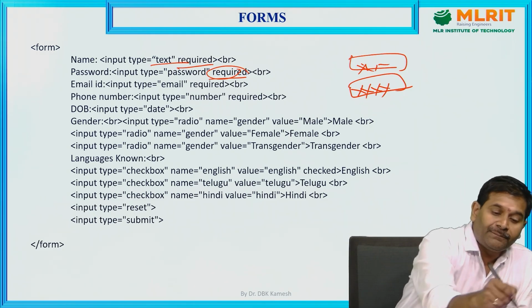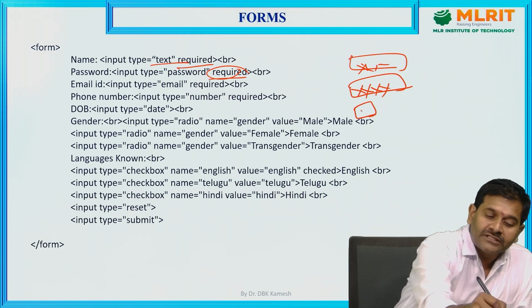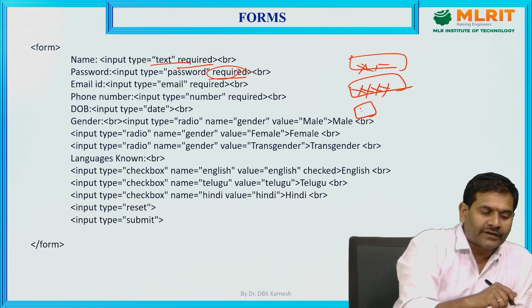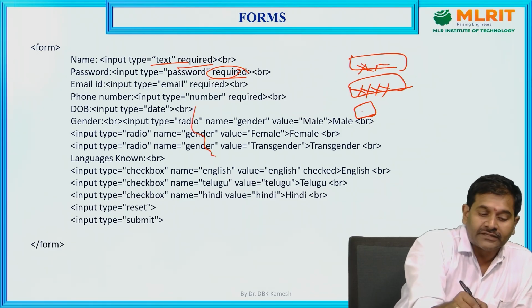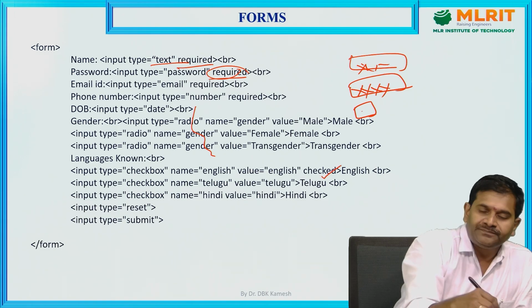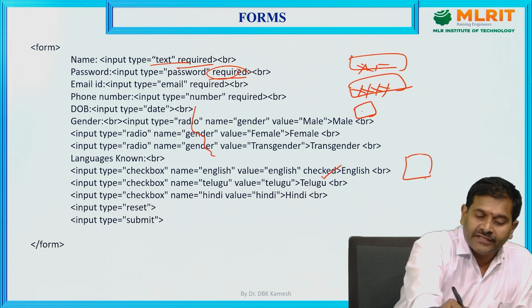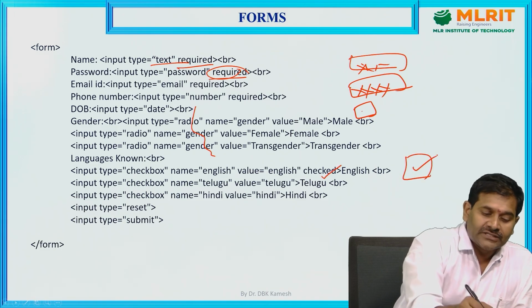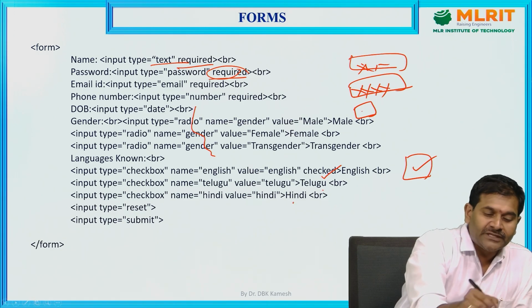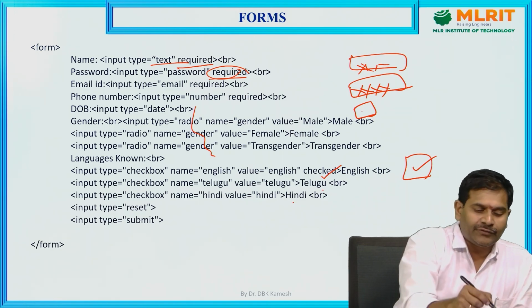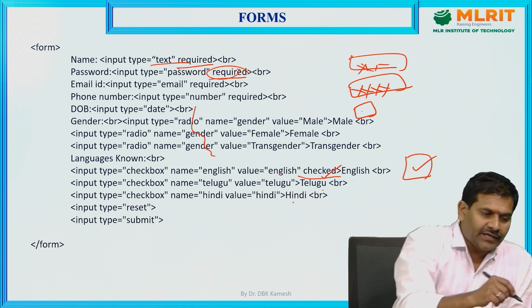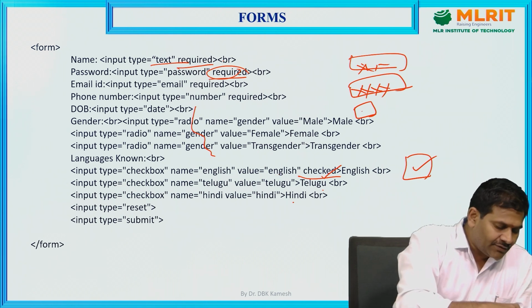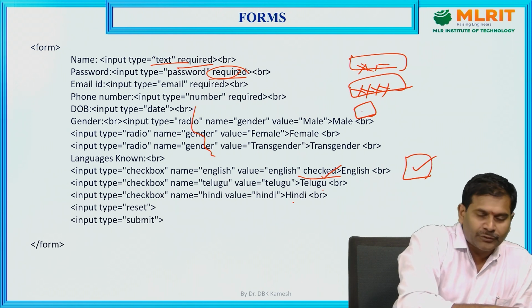Number also you need to give a specific number. Date, and in the rest of the fields nothing is given. Checked means you can give either this one, then Telugu, Hindi. Here we are keeping English checked, compulsorily mentioned. This is called form input values.